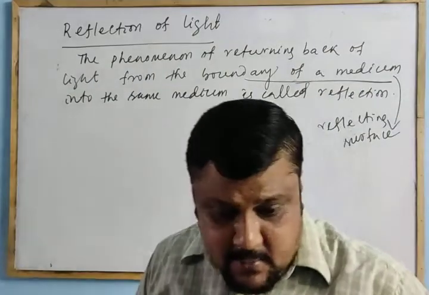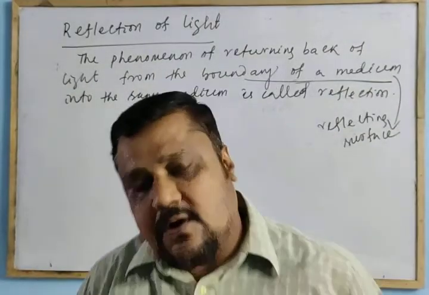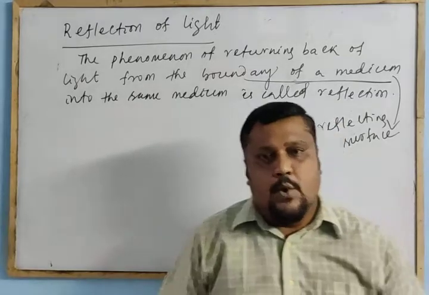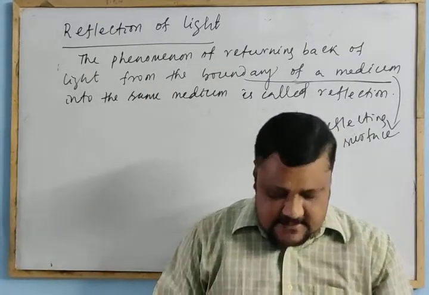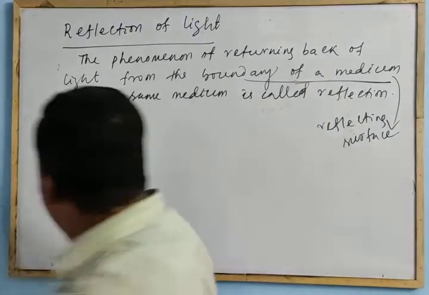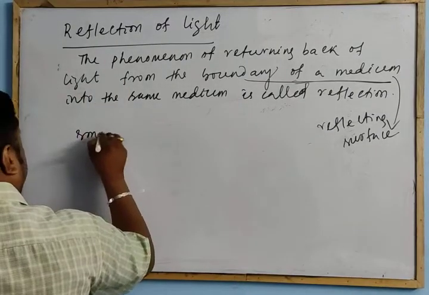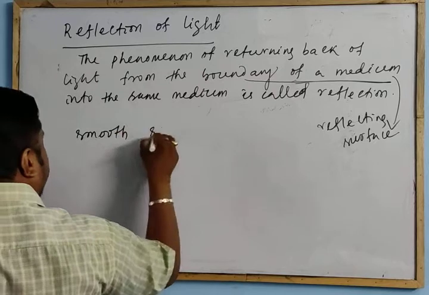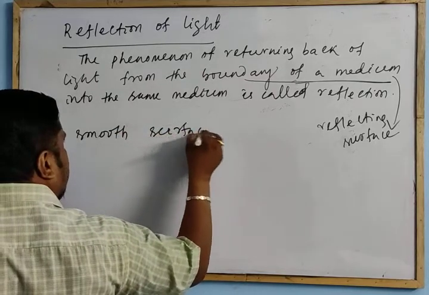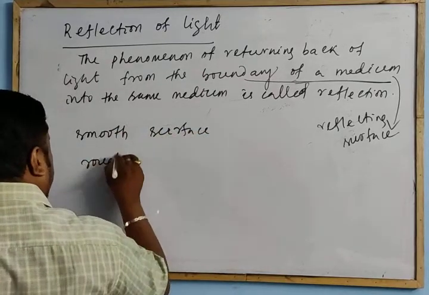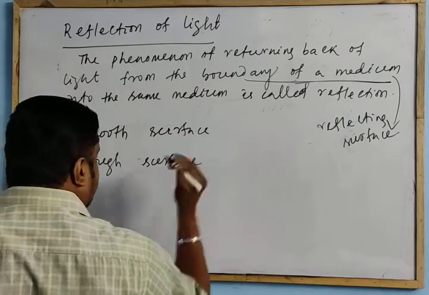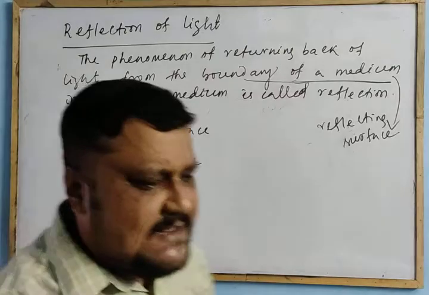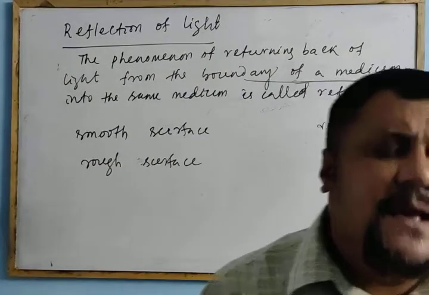And remember one thing, reflection can occur on both a smooth surface and a rough surface. Now the question comes to your mind, what are a smooth surface and a rough surface?